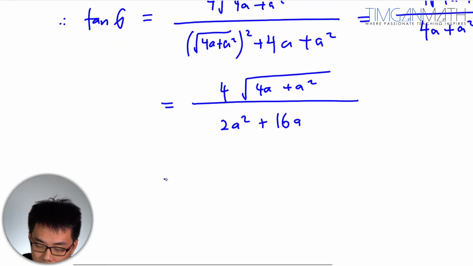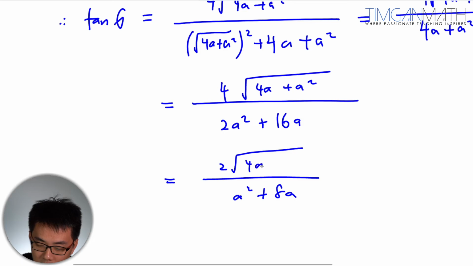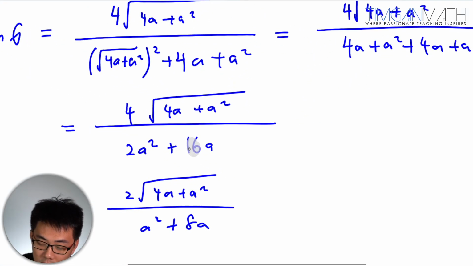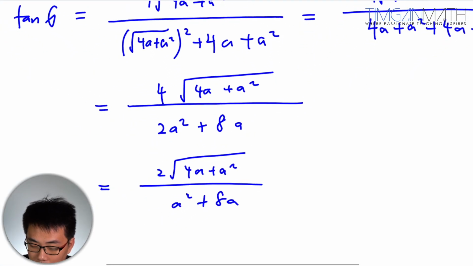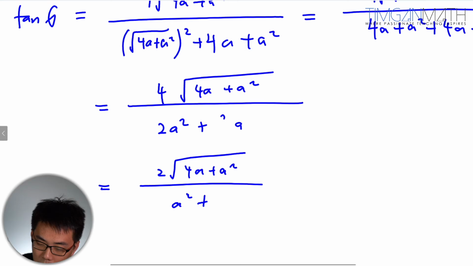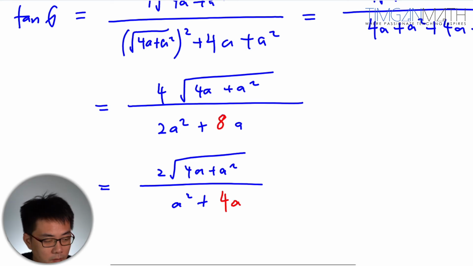So this will be 2 times a squared plus 4a in the denominator. Just divide by 2, and factorize the 2 out. Just make sure you are okay with this part. I wrote something wrongly, this is 8 actually, so this would just be 4, and so the answer is 2 over the square root of 4a plus a squared.